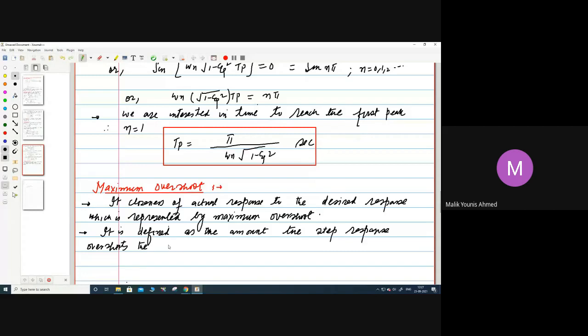Overshoots the steady state value, or final value, at the peak time.